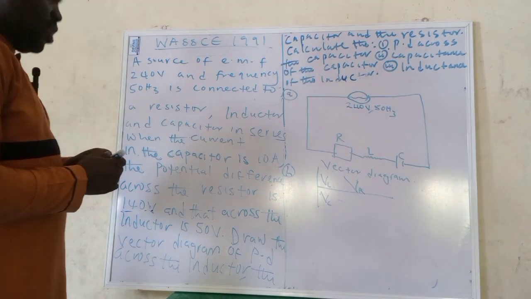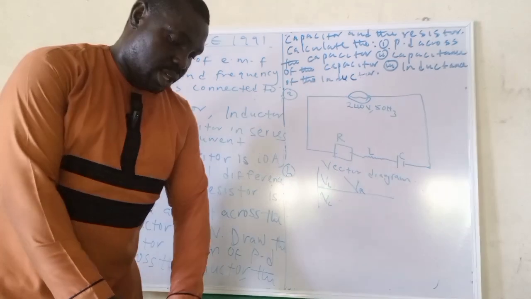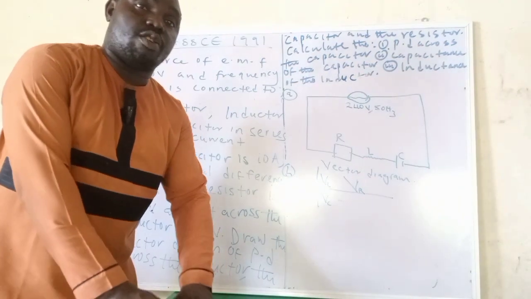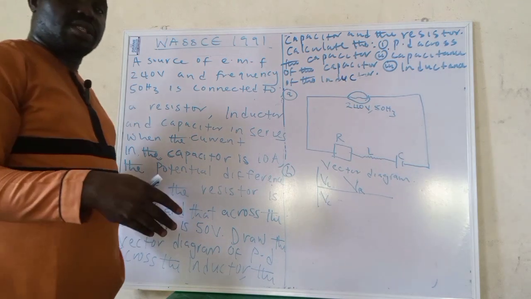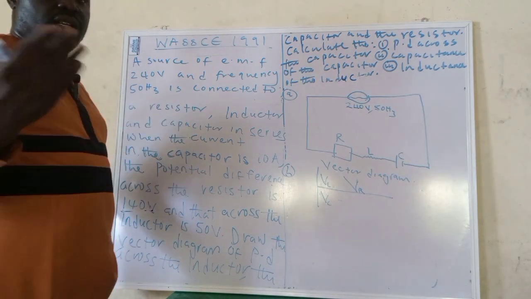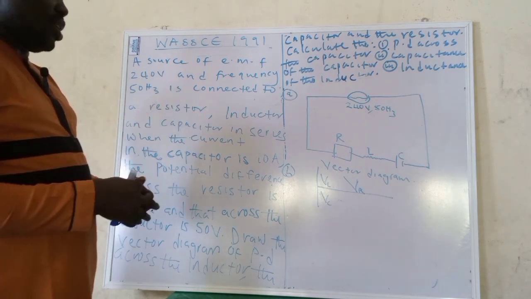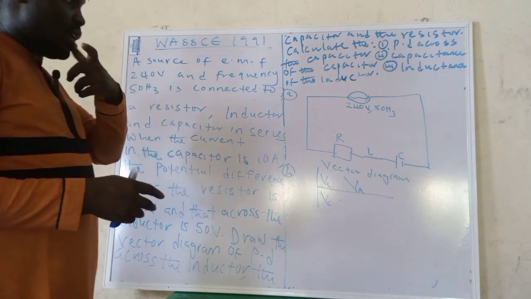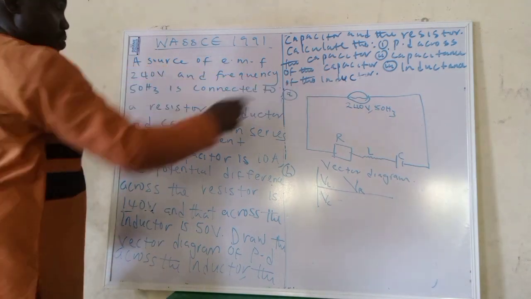And then from the vector diagram, students, if you remember, when I was teaching you impedance, I told you that the impedance incorporates both the inductive reactance, capacitive reactance, or better still, inductor and capacitor, okay? Impedance incorporates that, but we're not having anything like impedance here, so this is an EMF source. That's the EMF source there.